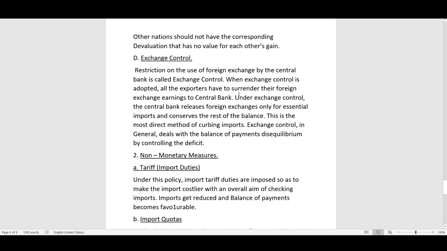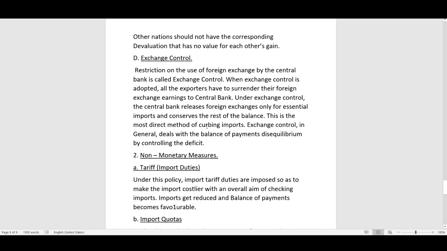Surrender means submit. Under exchange control, the central bank releases foreign exchange only for essential imports and conserves, means protects, the rest of the balance of foreign exchange reserves.